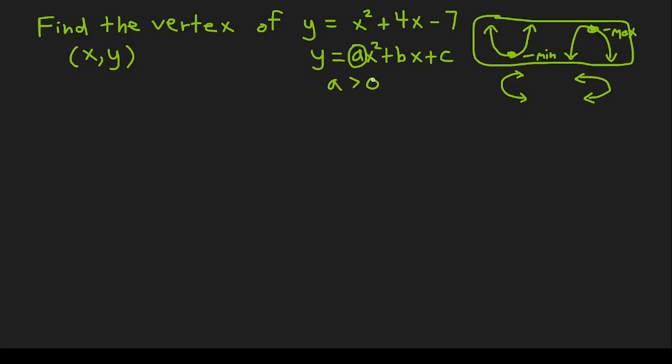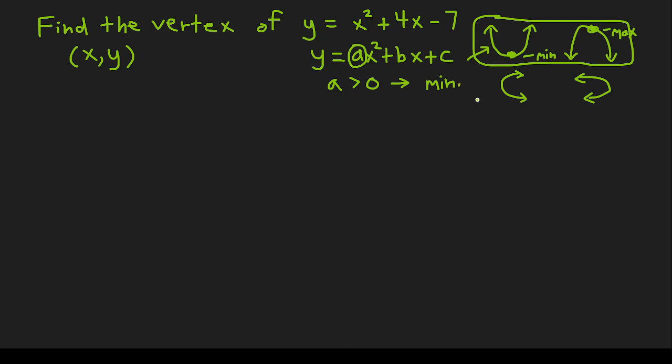So if a is positive, we're going to have a parabola that looks like this type right here. I like to call it a smiling parabola because it's kind of like smiling at you. Therefore, we're going to have a minimum value for our vertex.